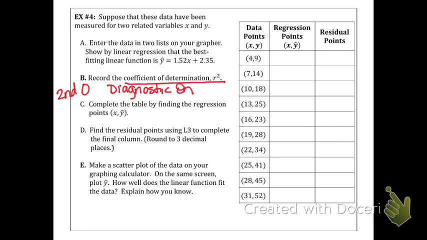All right, so let's go put these data points in our stat edit. So you might want to clear your calculator, and if you do that, go turn that diagnostic back on. Double check your numbers.